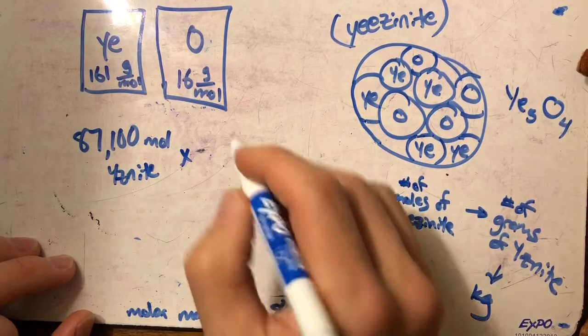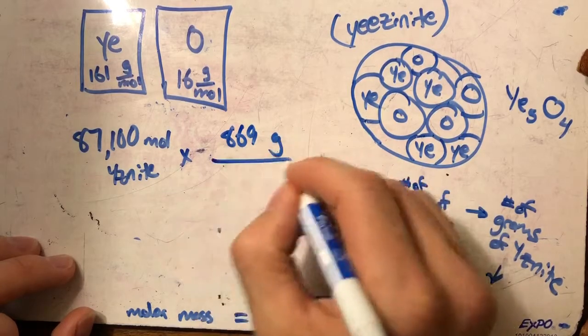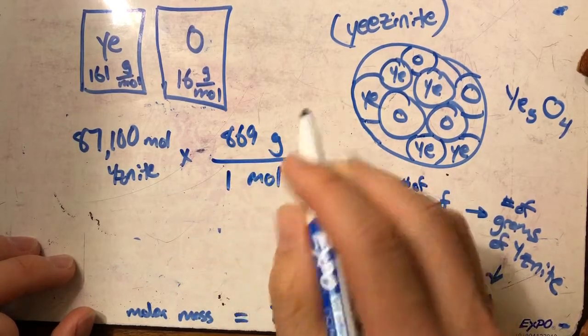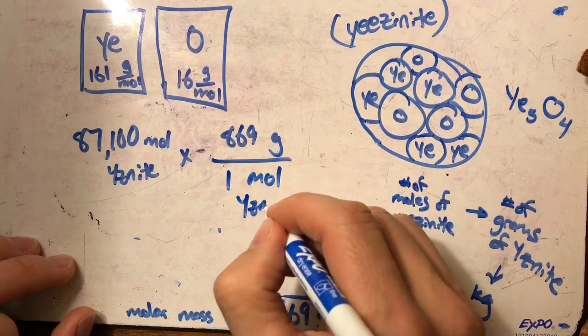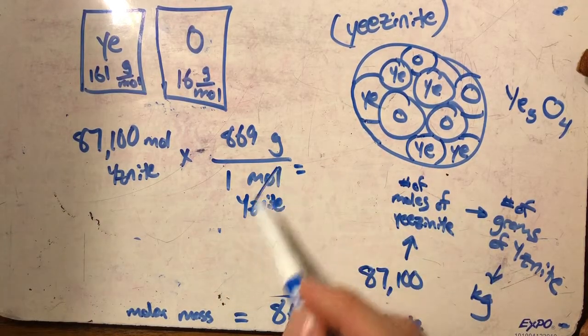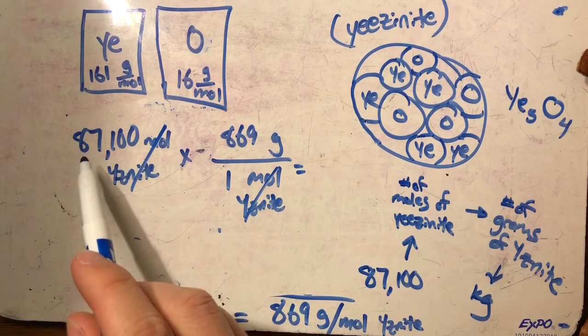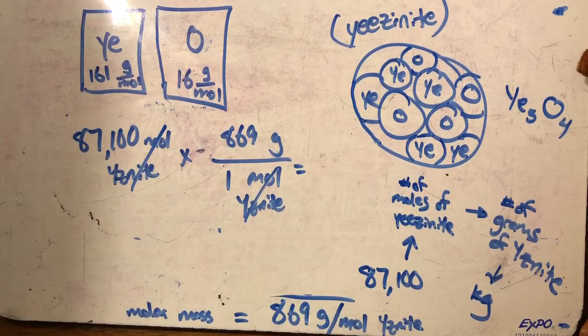Times 869 grams per 1 mole of Yeezinite. And what you can see here is that we have our moles of Yeezinite and those units cancel. And so we end up having this number here, and I'm going to need to do that math.